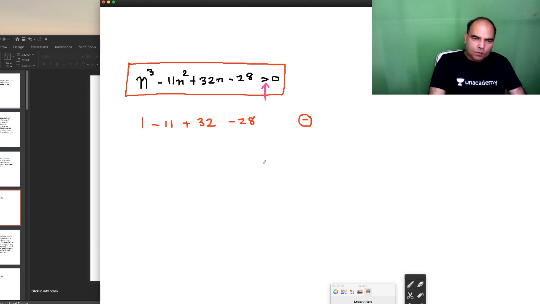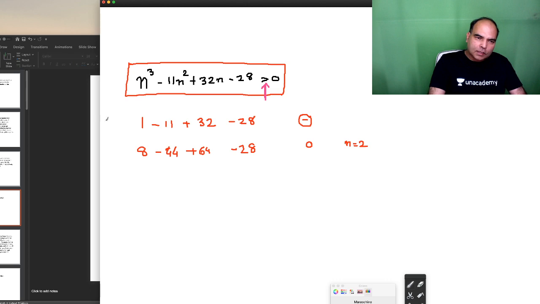So n equals 1 पे ये negative आ रहा है, n equals 2 अगर मैं try करता हूँ, so 8 minus 44 plus 64 minus 28 ends up giving me a value of 0 at n equals 2.